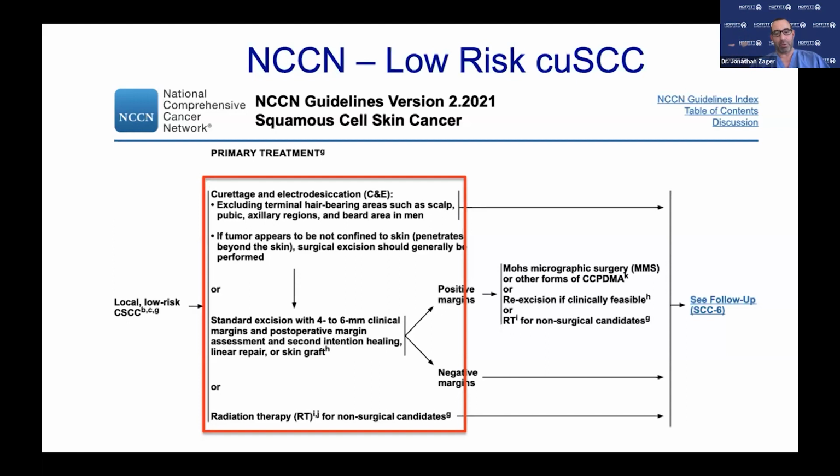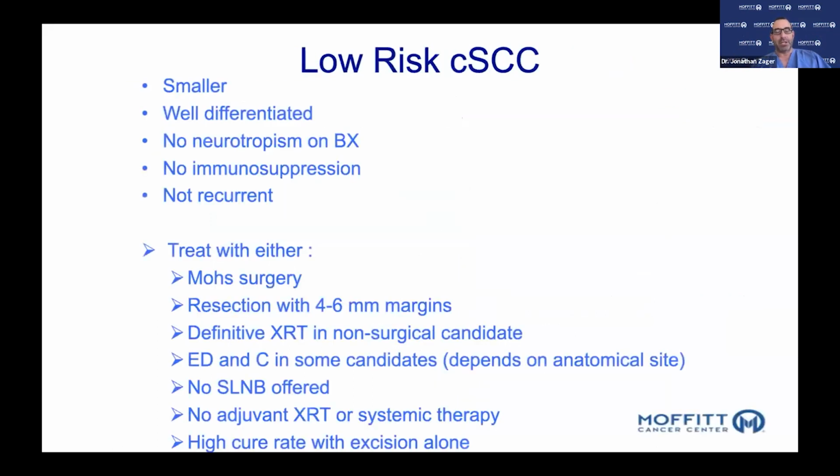They take a sample, they look at it right away. They see if the margins are involved, and they come back and continue to take samples wider and wider around the lesion until they have negative margins. And that's a way to conserve skin around the lesions. And it's well suited for areas in the head and neck and face where obviously cosmesis is a concern, and we want to take less normal skin than more.